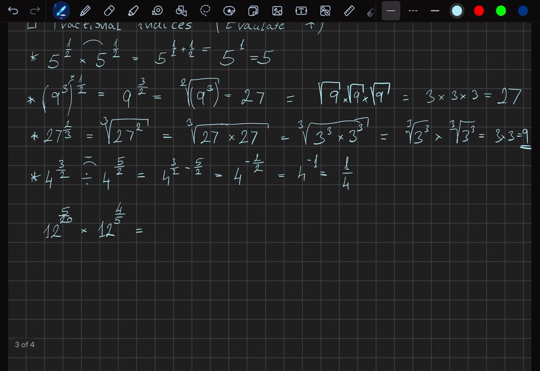And the last one, I multiply, I need to add. If I multiply two indices with the same base, I need to add the powers. 12 to the power 5 over 20 plus 4 over 5. If we add two fractions with no common denominator, we need to find the common denominator. It will be 20.